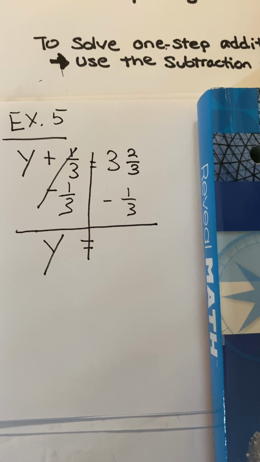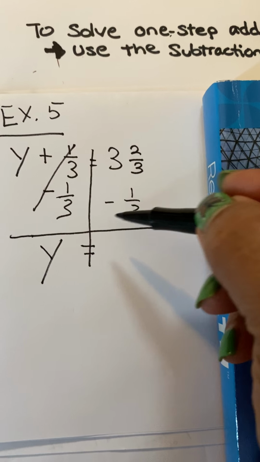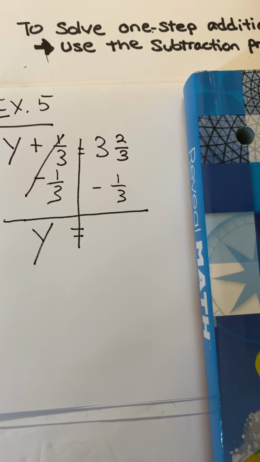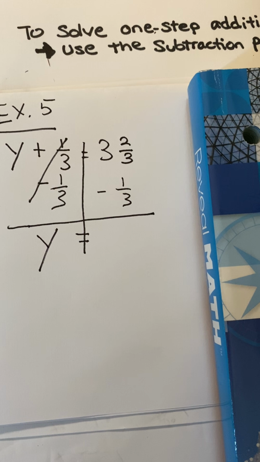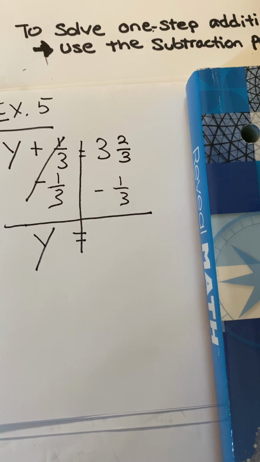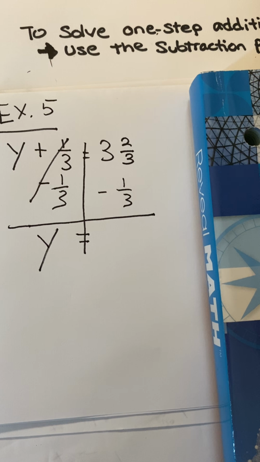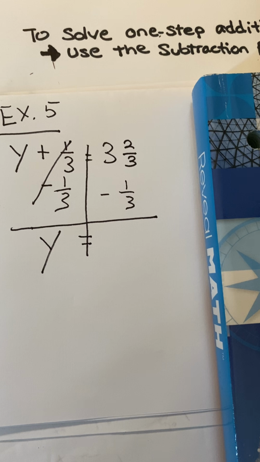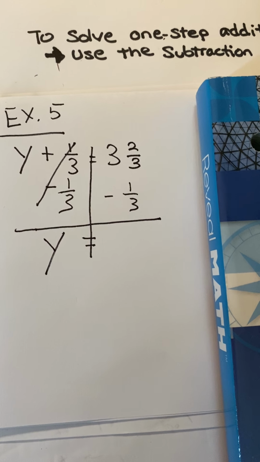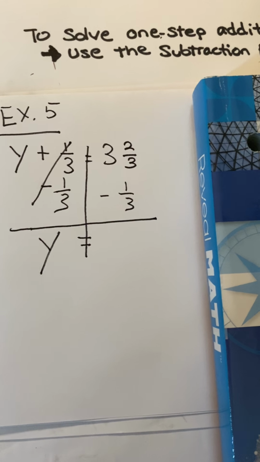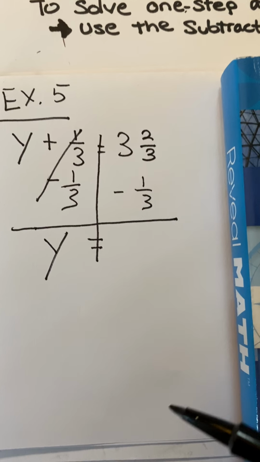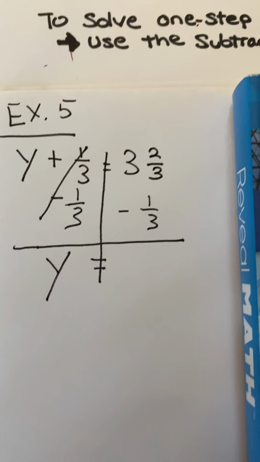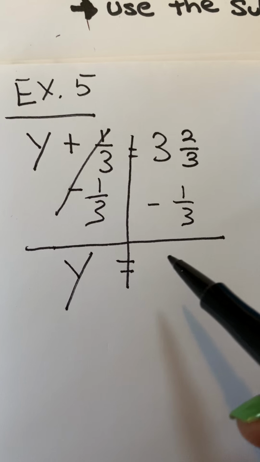The whole number 3 is bigger than nothing underneath. And then looking at 2/3 and 1/3, they have a common denominator, which is 3, and the numerators 2 and 1. The numerator 2 is bigger than the 1. So we don't have to do any regrouping, and we're ready to subtract.